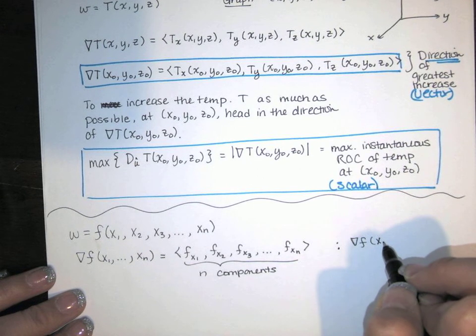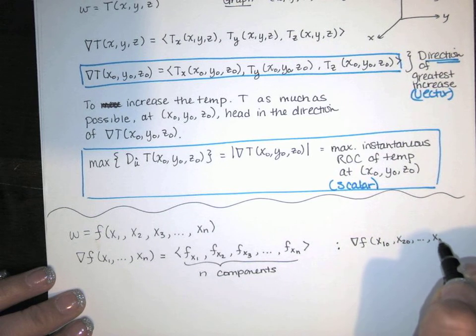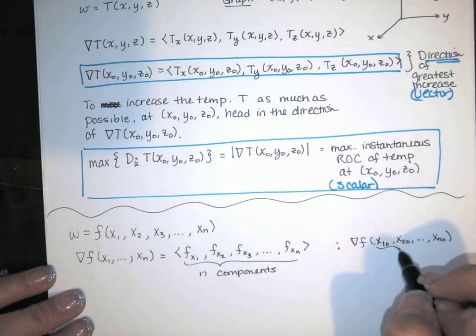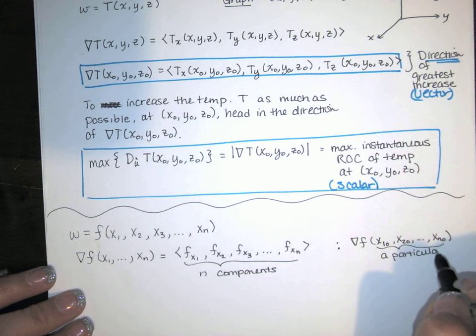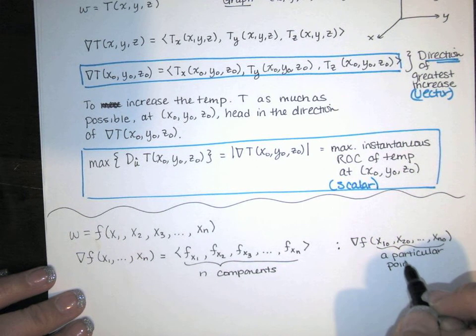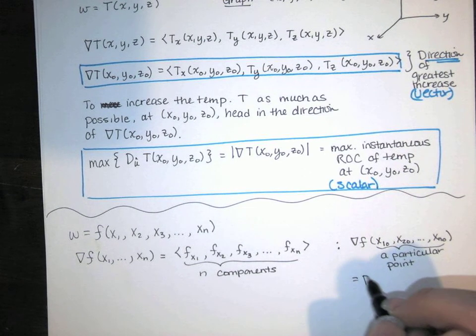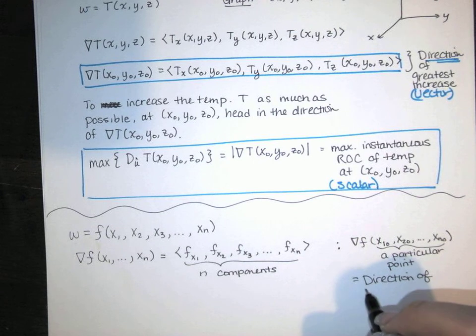I'm going to write x sub 1 naught, x sub 2 naught, sorry for the strange notation, x sub n naught. But that's a particular point. That is the direction of greatest increase.